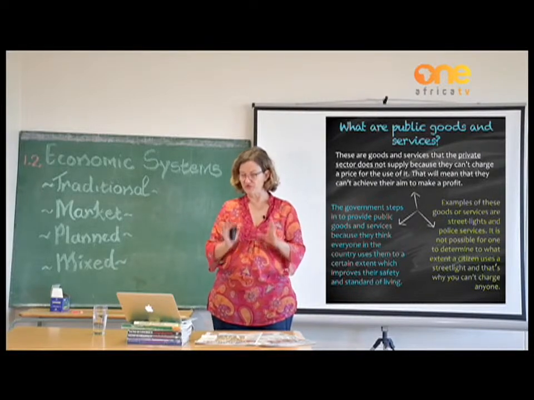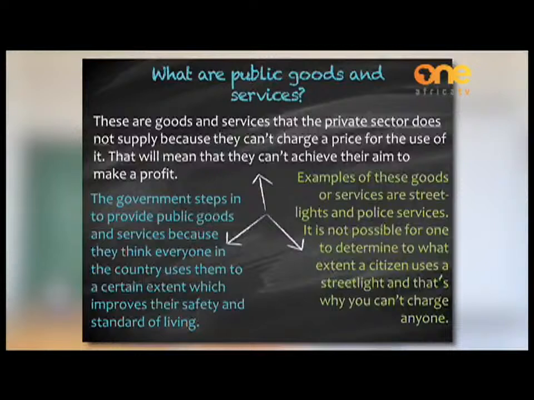Okay, so if you now remember, I have said one disadvantage of a market economy is that they don't supply merit goods and public goods. And you understand now why they don't do it. And in a planned economy, it is efficiently supplied by the government.